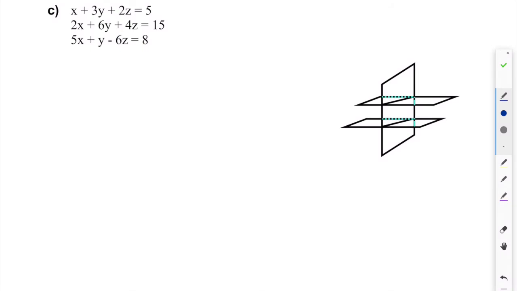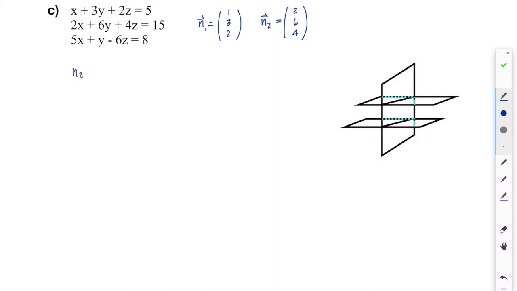Moving on to part C. Here we have three planes again. N1, the first normal, is (1, 3, 2). N2, the second normal, is (2, 6, 4). Right away, I see N1 and N2 are parallel to each other, right?